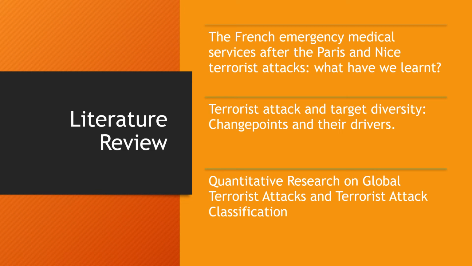The second paper is terrorist attack and target diversity, change points and drivers. This article speaks about how the nature of attacks and targets have changed over the years, and how studying the past history of the attacks will help us understand future attacks and help in preventing them from happening.